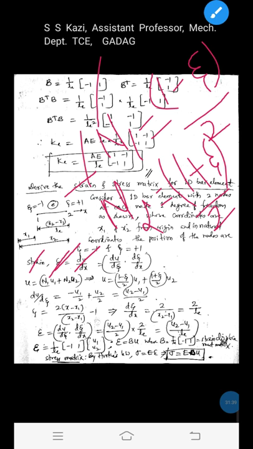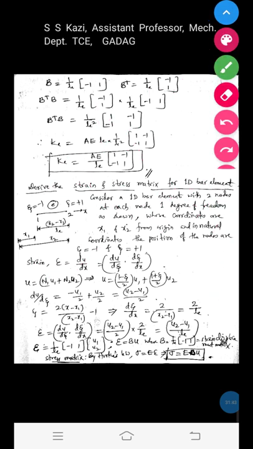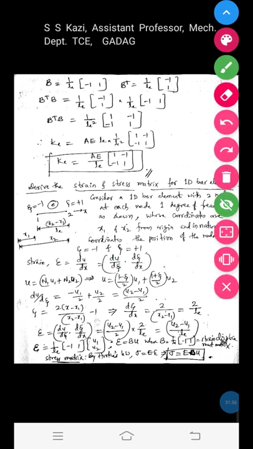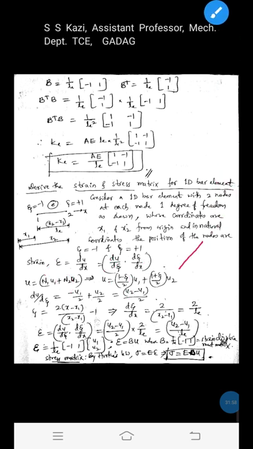These are the derived shape functions for a 1D linear element having two nodes, which we will substitute here. U is equal to (1 minus zeta) by 2 into u1 plus (1 plus zeta) by 2 into u2.